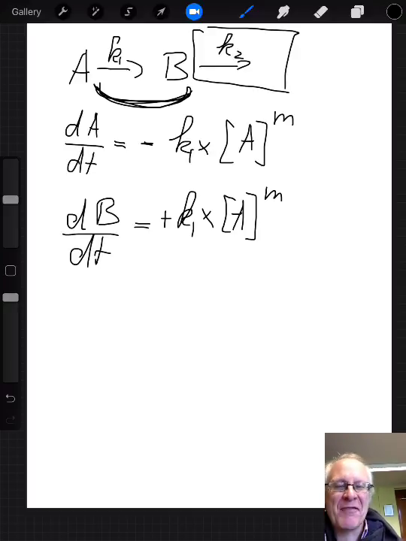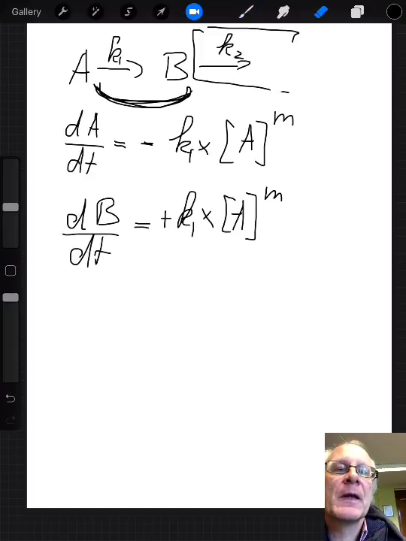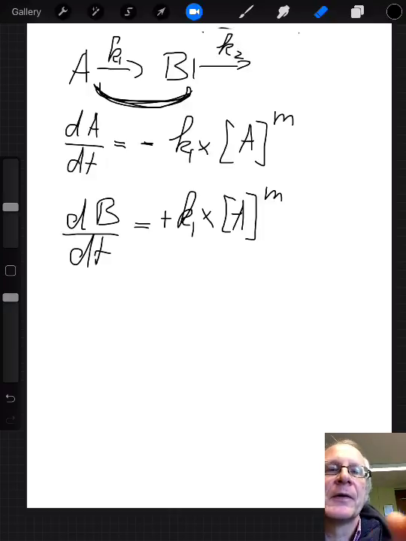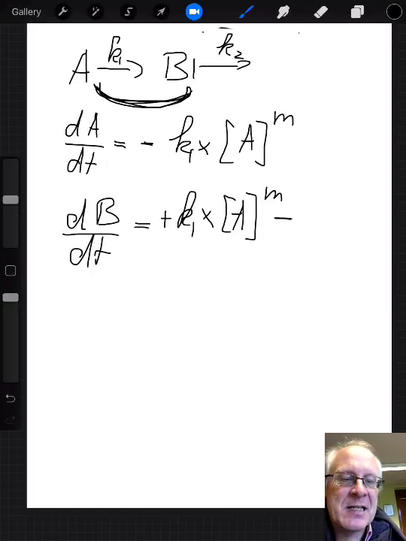And yet we have another component, which is this bit here. So here we would write minus K2 times B to the power of, let's say, n.